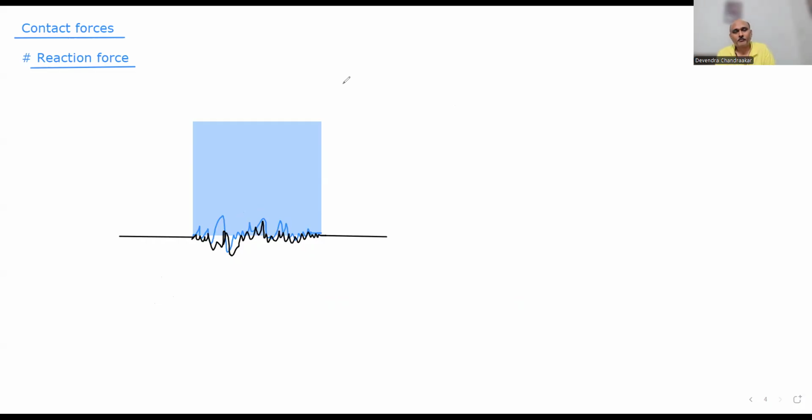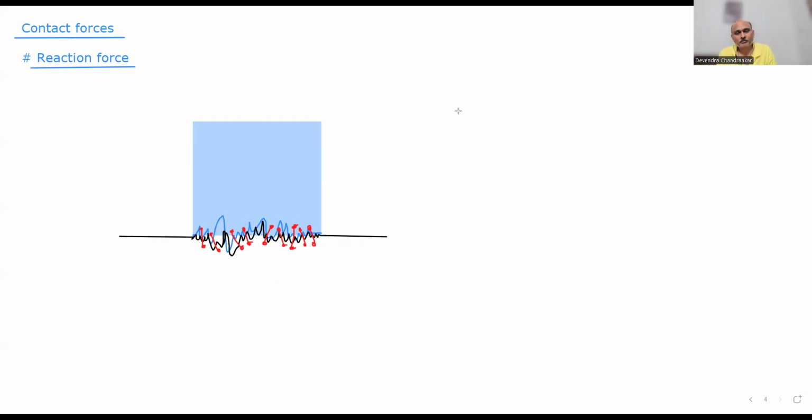Because of interlocking, and also a bonding developed between the atoms of the block and the surface, the surface applies a force on the block, and the block applies a force on the surface.